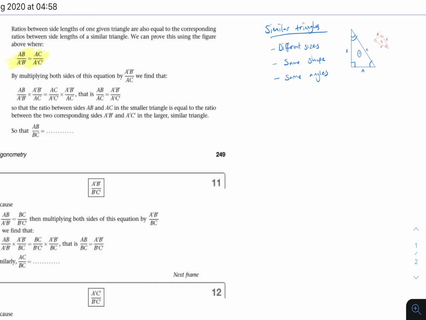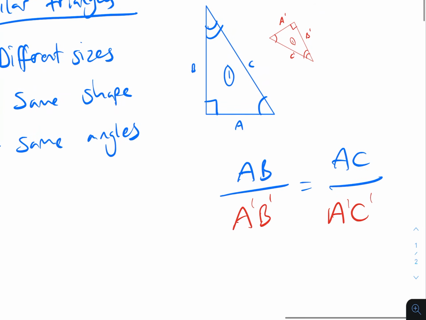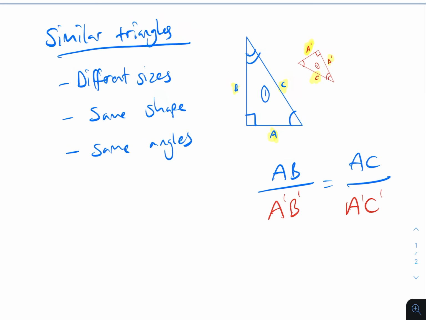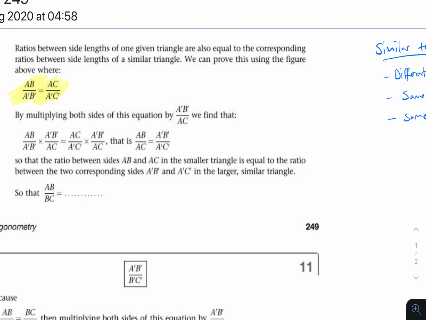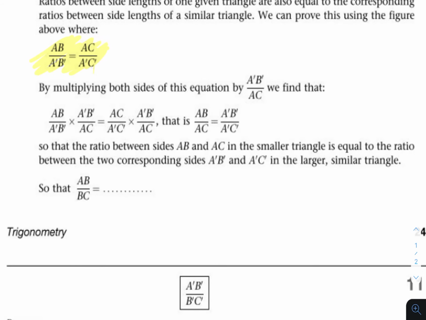So AB over A dash B dash is equal, the same ratio, as AC over A dash C dash. That's fairly straightforward. We covered that in the last lesson. If you're a bit rusty on that, just go over the last lesson and it'll bring you up to speed. The author is just preparing us for the trig functions, so it's good to have a bit of background behind them.